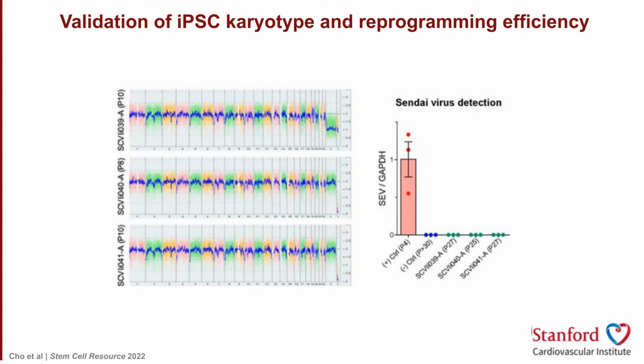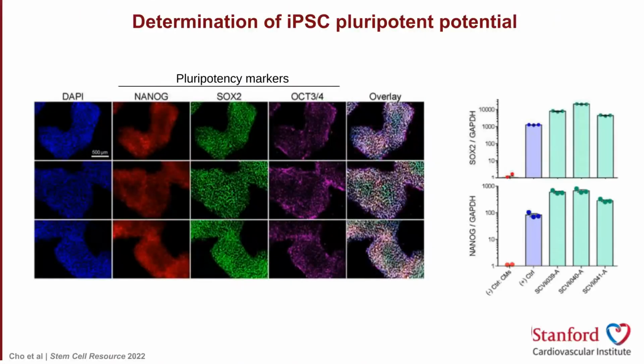And as you can see, at late passages, all 3 cell lines express very low to no SeV transcript. Next, we use immunostaining to look for the key pluripotency markers, NANOG, SOX2, and OCT4. As you can see, these cells express all 3 markers, which all have high detectable transcript levels.